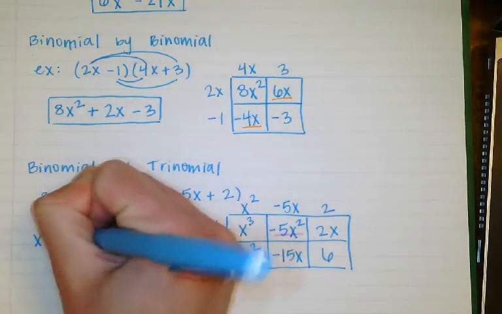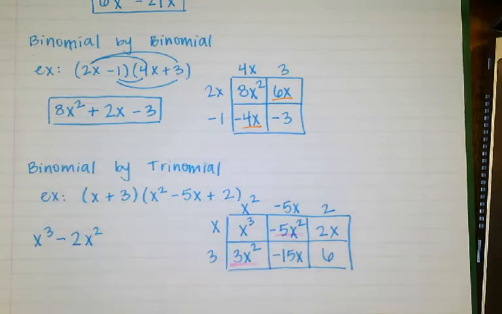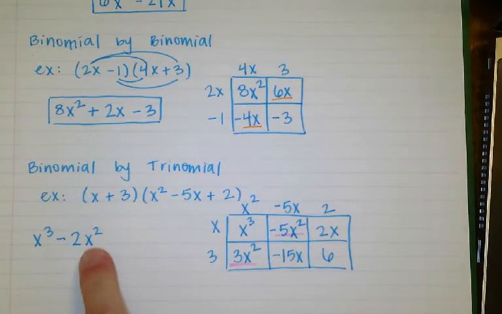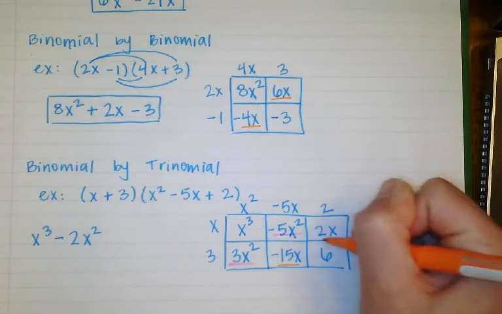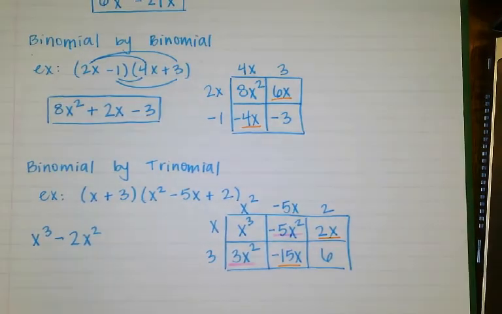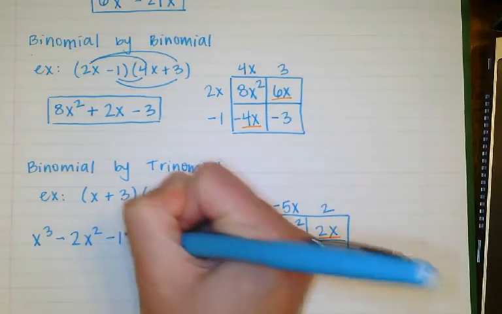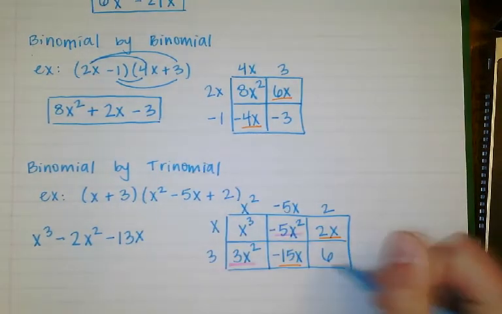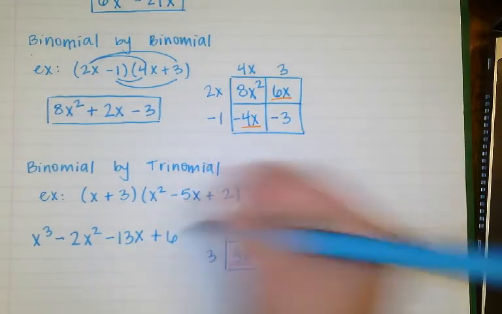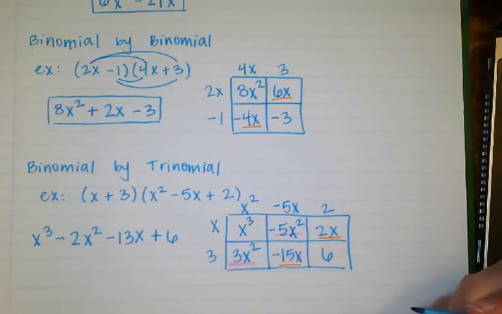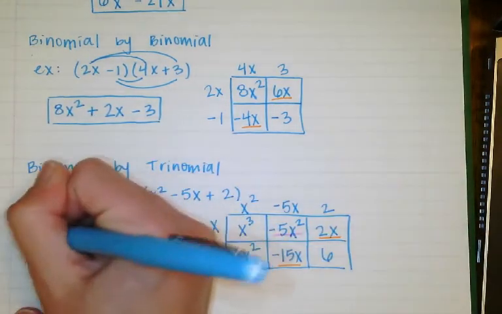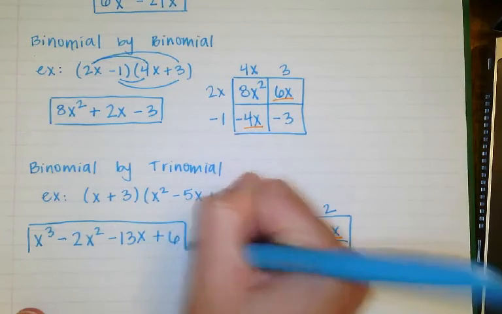Either way, we're getting negative 2x squared. When we combine those like terms, the exponent's not changing. And then I have x's I can combine. So negative 15 plus 2, it's negative 13x, and the solo 6 would be my constant at the end that doesn't have an x. So this time my answer has 4 terms.